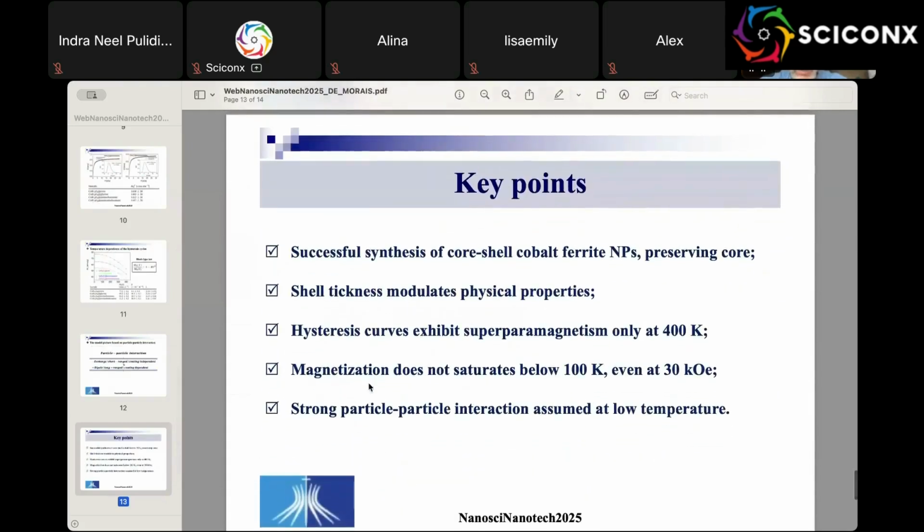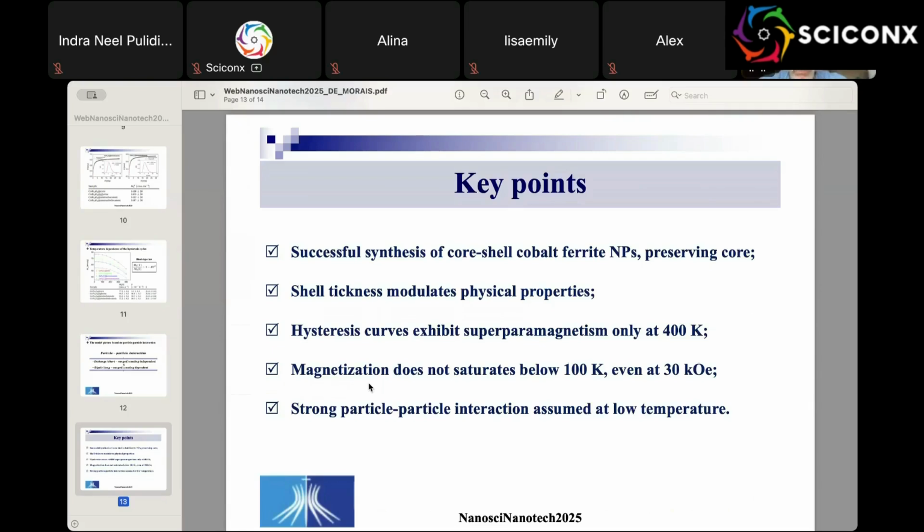So I will now summarize the important points of my talk today. First was the very successful synthesis of core-shell cobalt ferrite nanoparticles. Remember, the core is cobalt ferrite and the shell is maghemite. So we have a thin layer of maghemite on the surface in such a way that the core is preserved in its phase and in its magnetic properties.